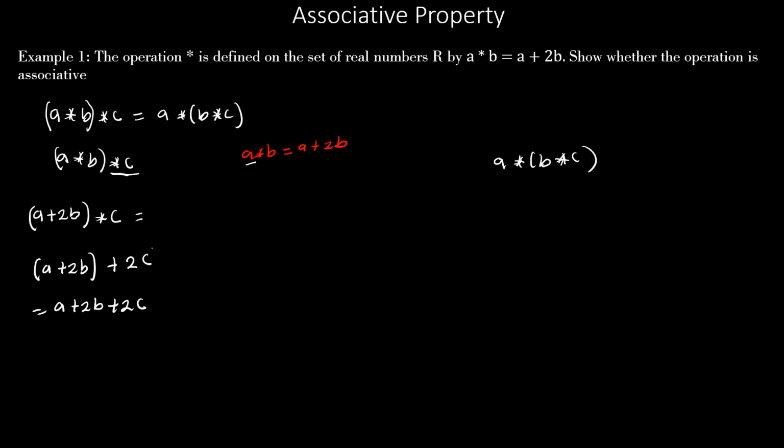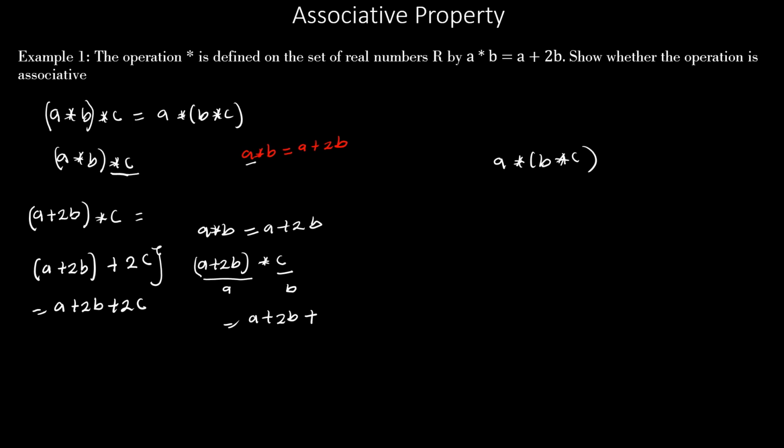What happened here might look a little bit confusing. What simply happens is that we refer back to our operation, which is A * B equal to A + 2B. And here we have (A + 2B) * C. So we now refer to this as A and this as B. So our A now is A + 2B.